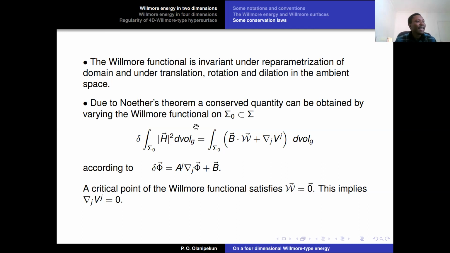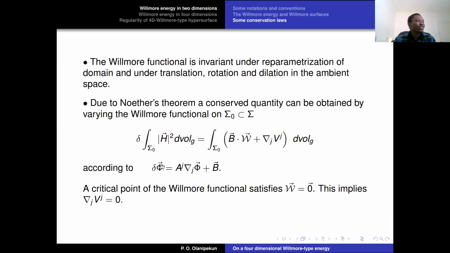If you track those terms nicely, you can arrange them in this form. So you have some B dot curly W. Curly W is the Willmore invariant that I showed you earlier. So that's the left-hand side of the Willmore equation. So B dot curly W, the dot here is the usual dot product between vectors, and you have this quantity, nabla_j V^j.